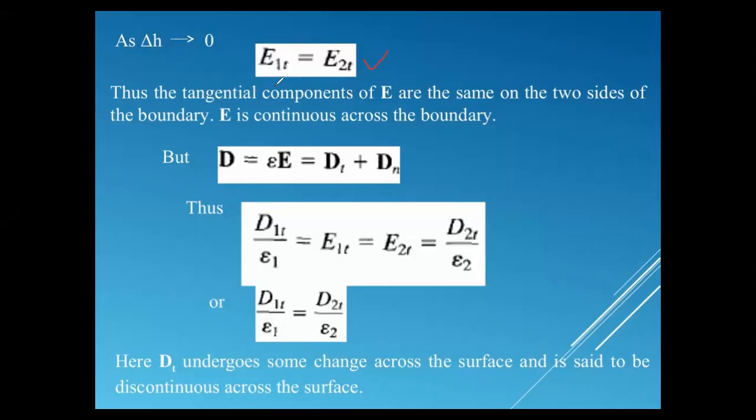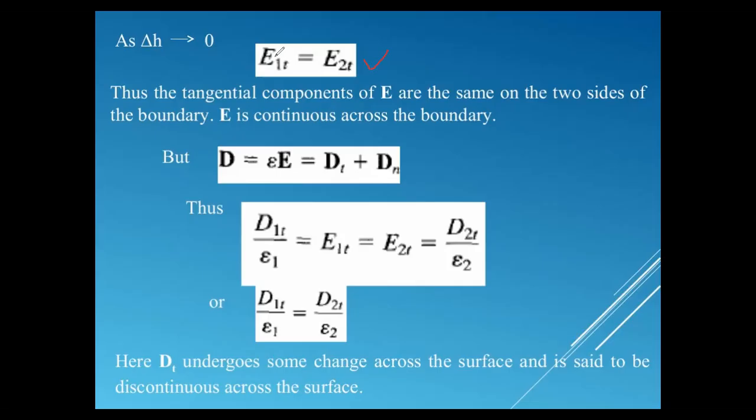Continuous means if there are two media, then E1t is equal to E2t. If there are three, then E1t is equal to E2t is equal to E3t. So the tangential component of electric field is always continuous at the boundaries separating the two dielectrics.